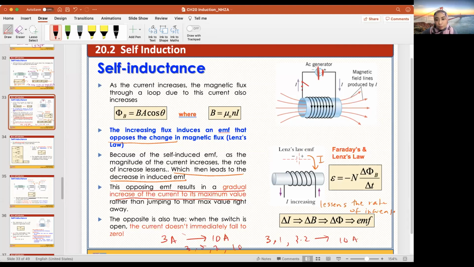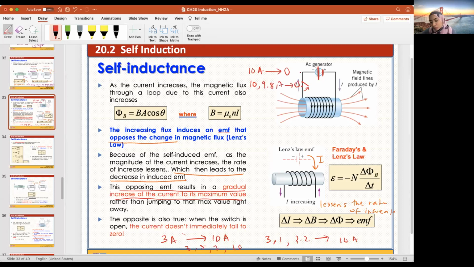When we open the switch, we are opening the circuit, which means that the current will go to 0. However, because of the self-induced EMF, the current from 10 amperes doesn't jump straight to zero. It goes down slowly. 10, 9, 8, 7 until it becomes zero.